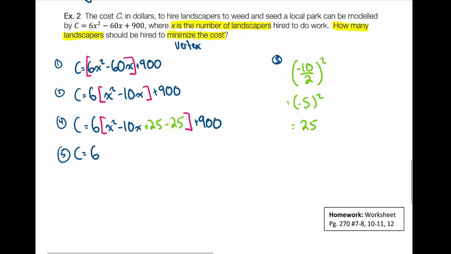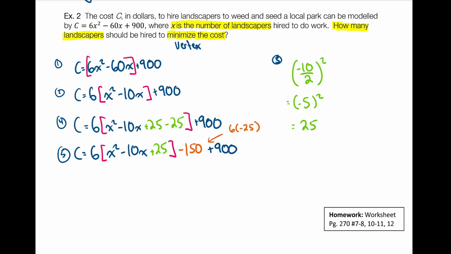So 6 times, in brackets still, x squared minus 10x plus 25, that minus 25 has moved outside. And if we have minus 25 times 6, we get negative 150. And then we still have the plus 900.